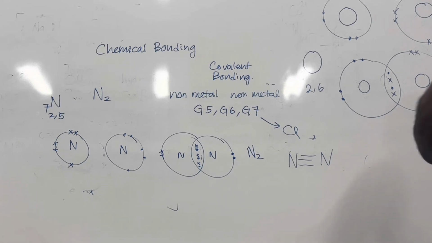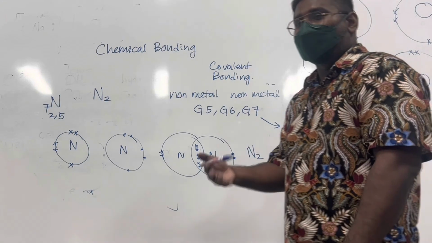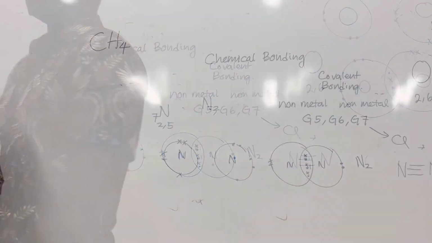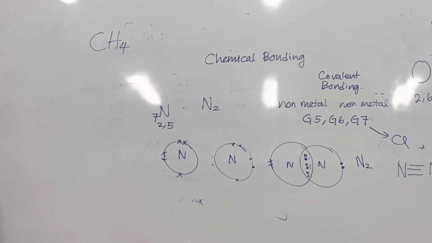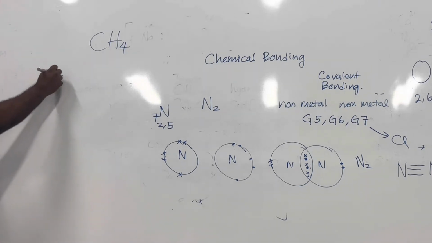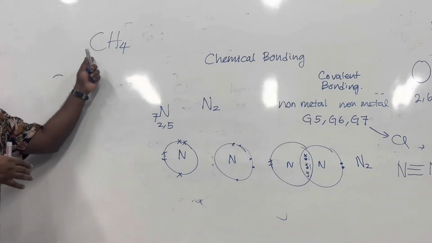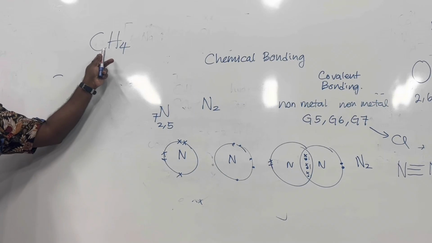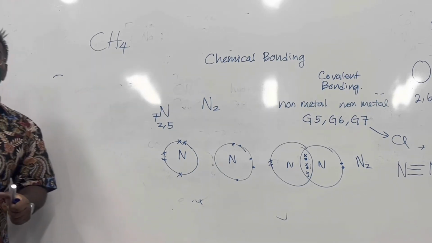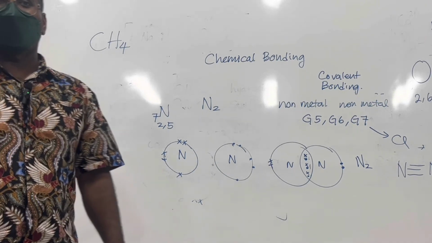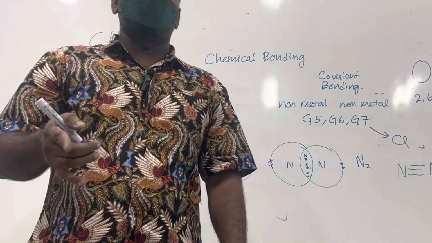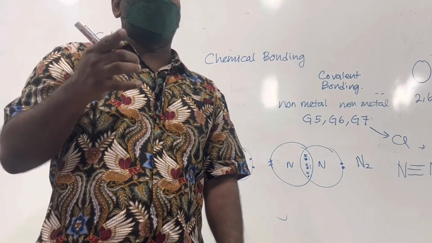So single covalent bond, double covalent bond, and triple covalent bond. CH4. Why? First of all, these are non-metals. Hydrogen is considered to be a non-metal as well. Just because it has 1 electron doesn't mean it is group 1.